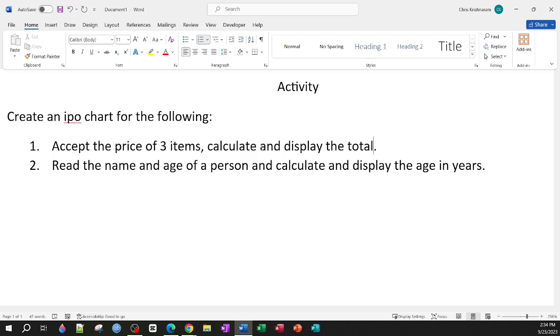And then the last one, read the name and age of a person and calculate and display the age in years. So we're only focusing on the years, nothing too technical.